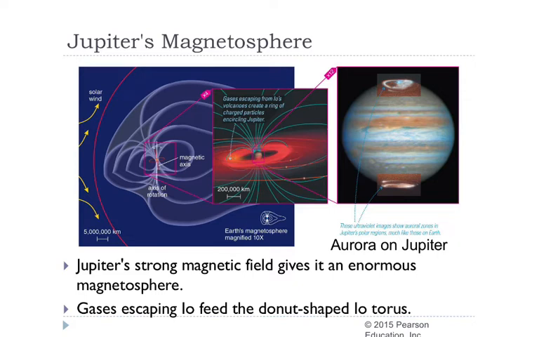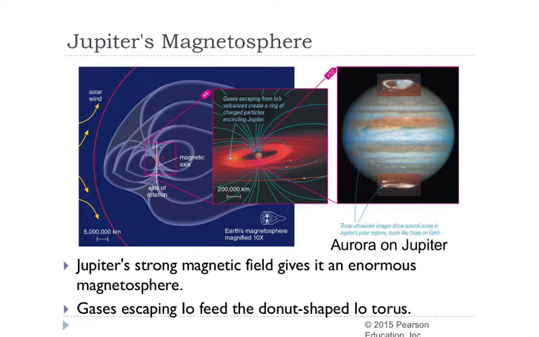Jupiter also has a strong magnetic field. We can see this relationship with ionized or charged particles. Similar to Earth's magnetic field, Jupiter behaves in the same fashion, where particles coming from the solar wind get ionized, charged.